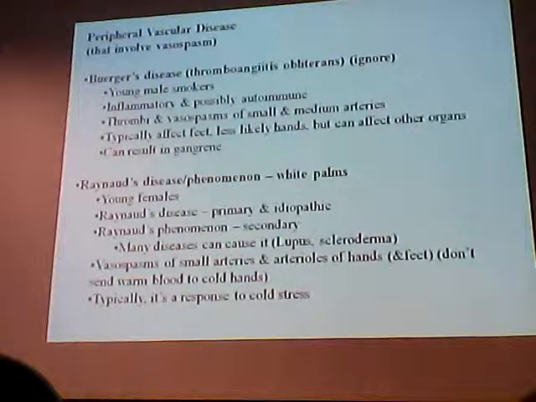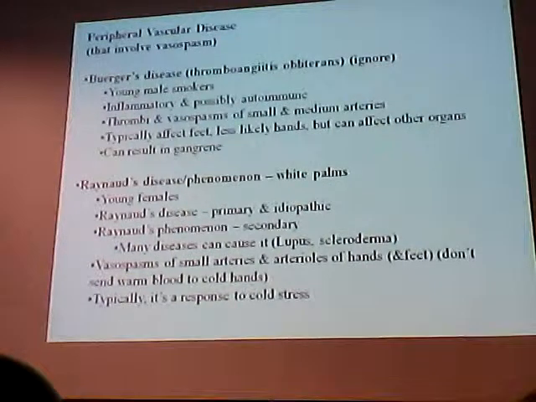I believe he's probably told you not to worry about Buerger's disease. Is that correct? So we're just going to talk about Raynaud's disease or phenomenon. Basically, this is a phenomenon that isn't too bad. It's not going to kill you or anything. It happens mostly in young females.